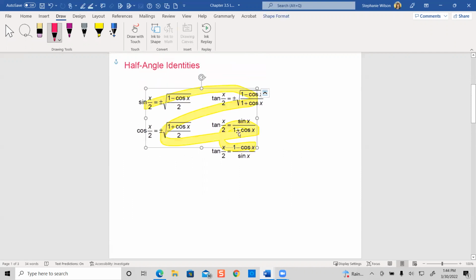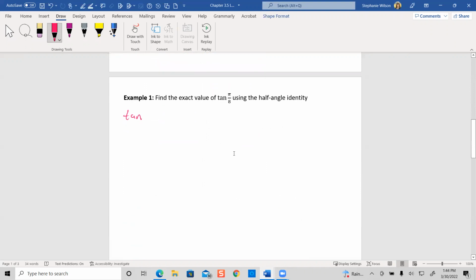This one here, so let's use it. Tangent of x over 2 is equal to sine of x over 1 plus cosine of x. We know that this was the formula, and that this is given to us. So let's solve for it.